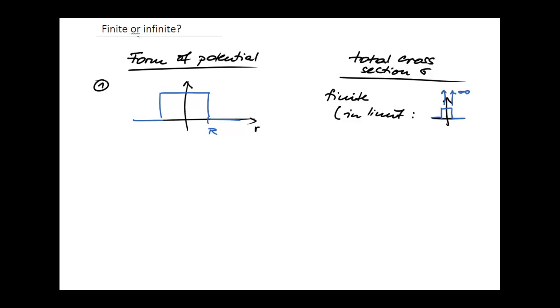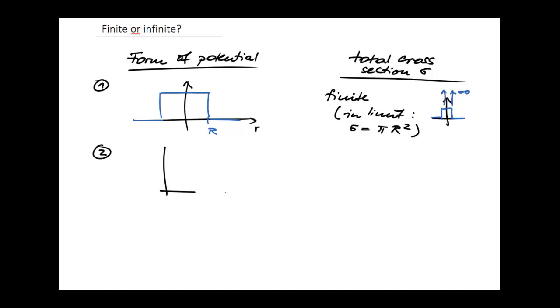But outside the hard sphere, it doesn't feel any potential at all. So in that limit, you will find that the total cross-section is equal to the area covered by this hard sphere, as viewed by the incoming projectile. So it's equal to pi times the range of the potential, or the radius of the hard sphere, squared.